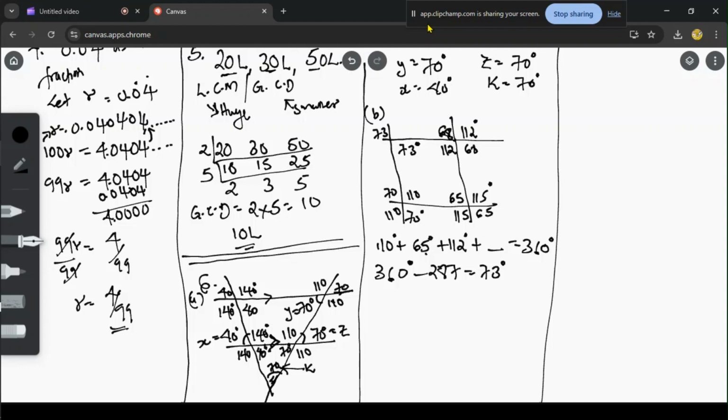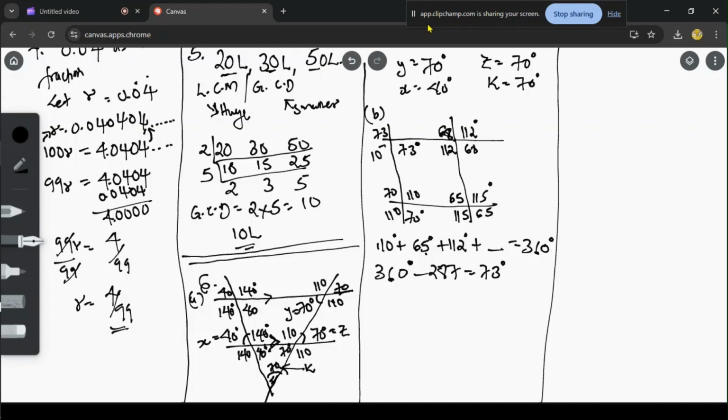These are angles in a straight line. So angles in a straight line, they add up to 180. So if I subtract from 180, I think I'll get 103 degrees. Because it is 180, I subtract 73, and the angle, not 103, is supposed to be 107.